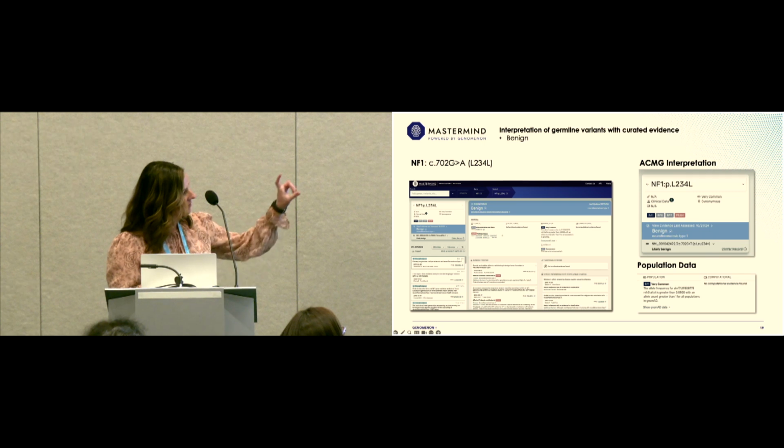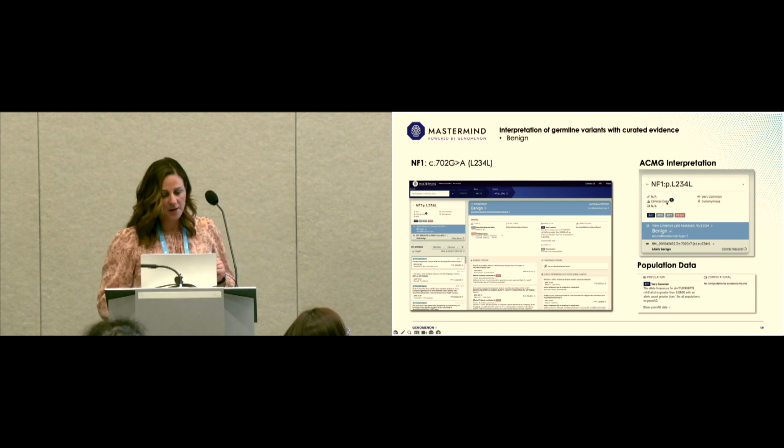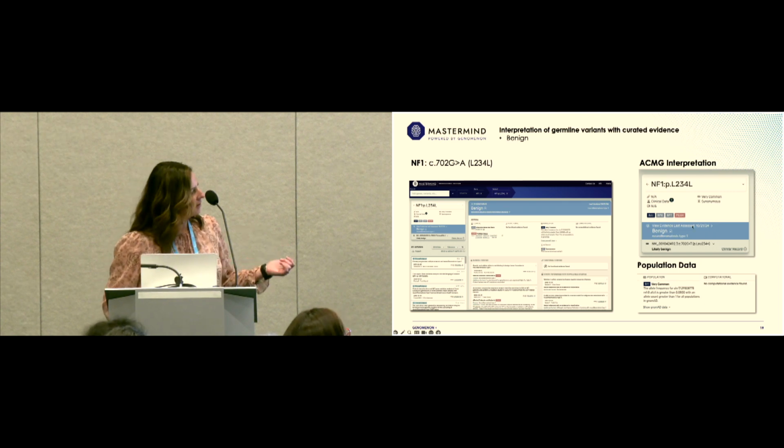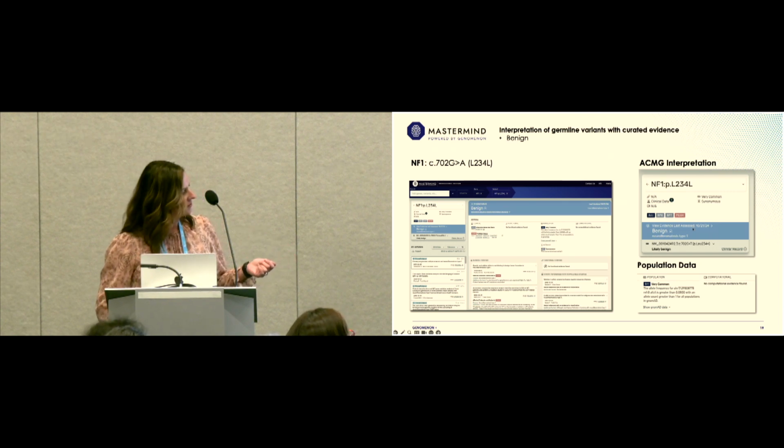Now, if we focus on the top left-hand corner here, looking specifically at the ACMG interpretation. And so here's all the criteria that was used to support the classification of this variant. And in this case, it's actually classified as benign.